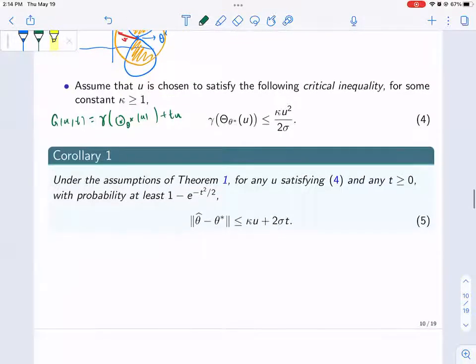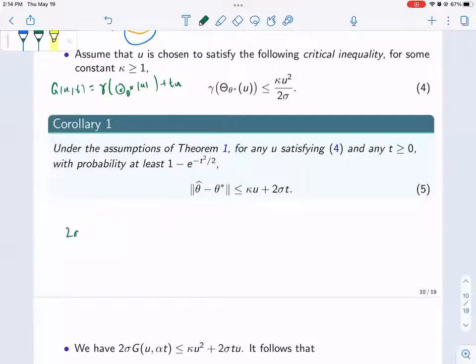I just want to bound these two. So, let's say, 2 sigma gamma(U). This is the first term. This is going to be bounded by, if I multiply both sides by 2 sigma, kappa U star, and then I also have plus 2 sigma t U. Then if I divide by U, the U goes away.